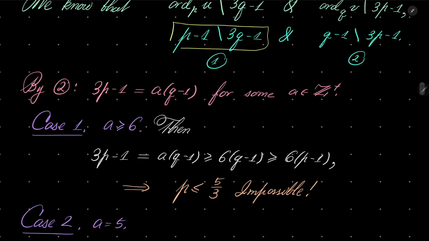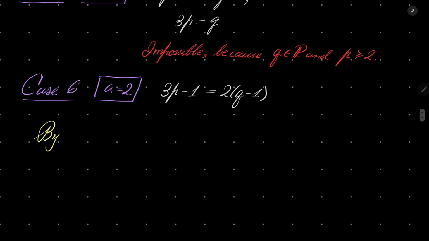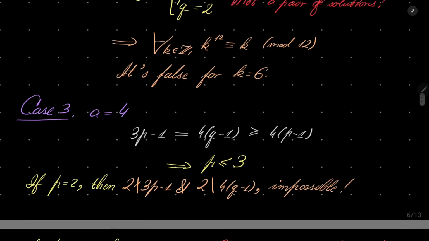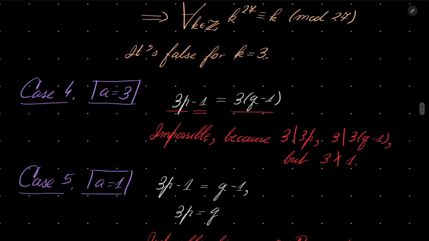So let's write it. By condition number 1, P minus 1 divides 3Q minus 1. Is it right? Do I get it right?